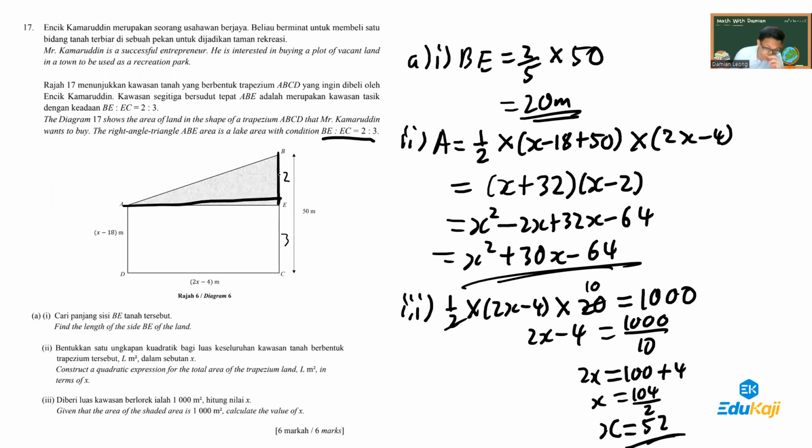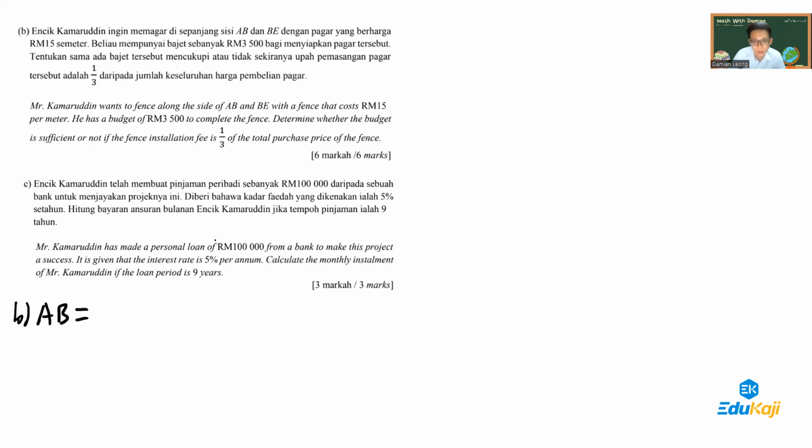So it's this square plus this square root. So 20 square plus this one, 2x minus 4. Two times 52 minus 4 is 100.